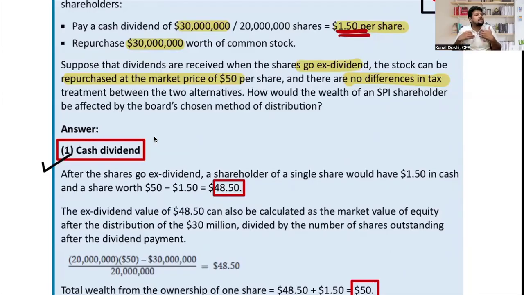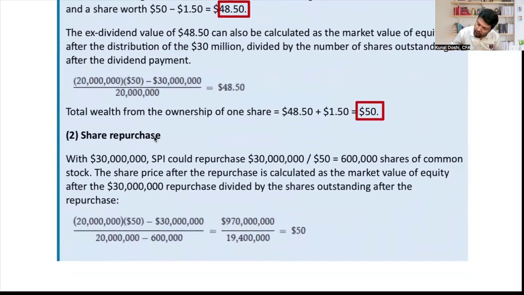They have the money, so they will use their own cash. Whenever a company gives a cash dividend or share repurchase using its own cash, nothing is borrowed. In this case, whether it's a cash dividend or stock repurchase, the impact is the same.